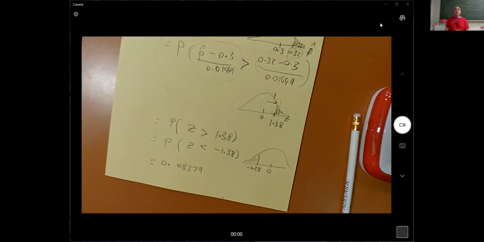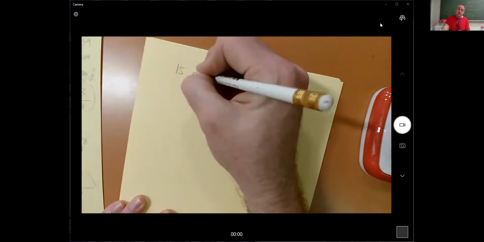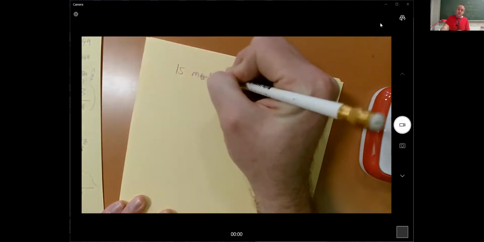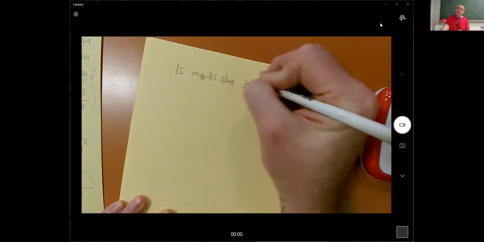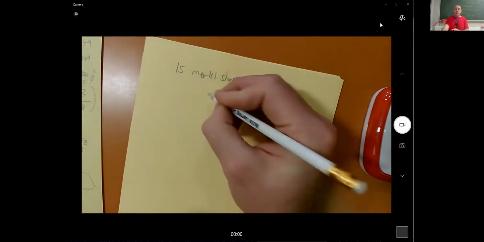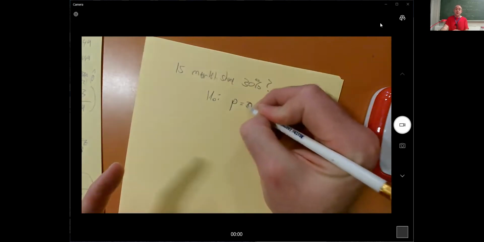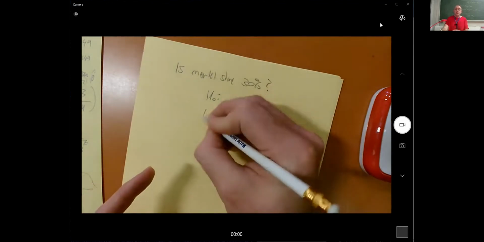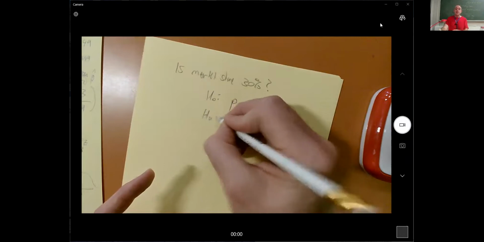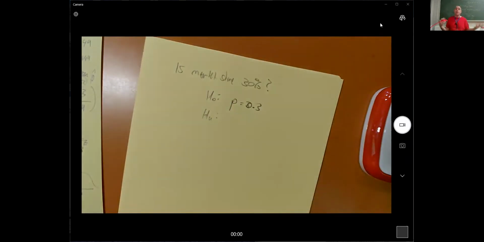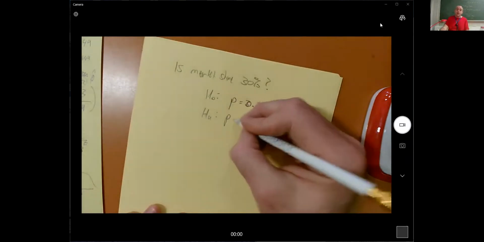So if that was the hypothesis test we're doing now, is the market share 30%? That's the question. The null hypothesis would be that the true proportion is 30%. And the alternative, the way it's stated at the moment, it just says, is it 30%? And it hasn't given a preference of one way or the other. So that would be that it's not.